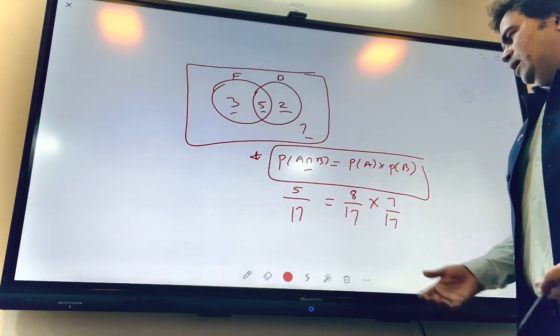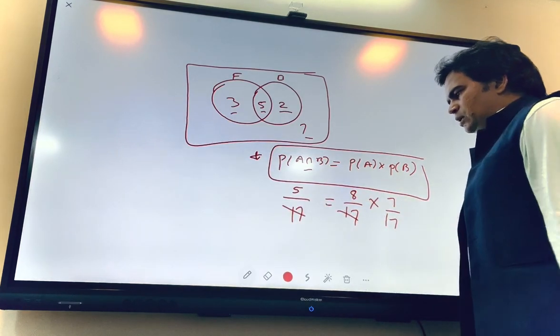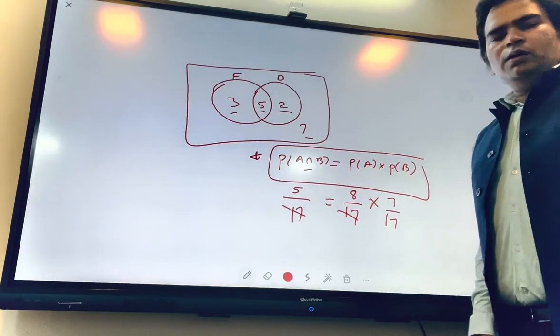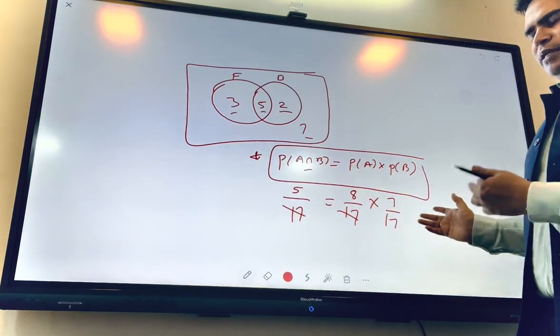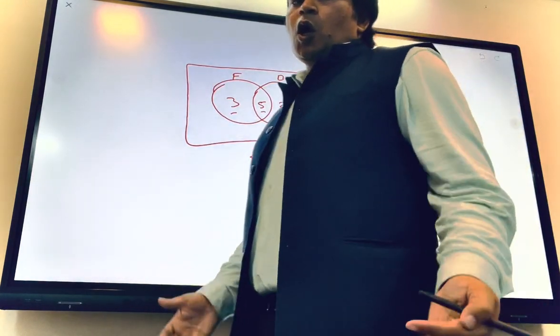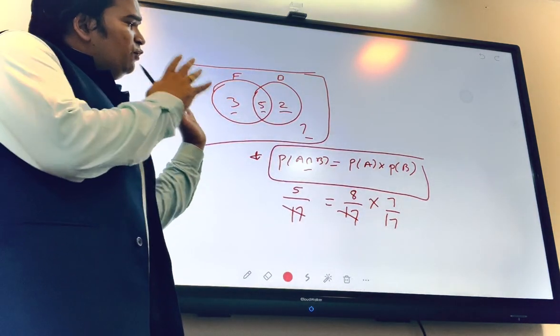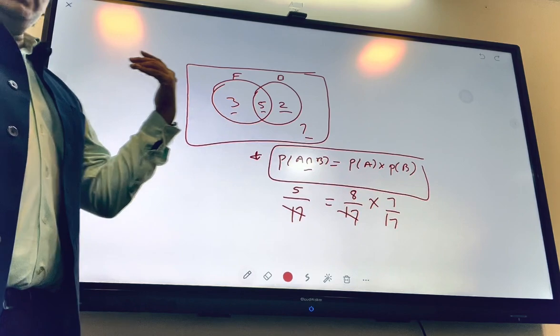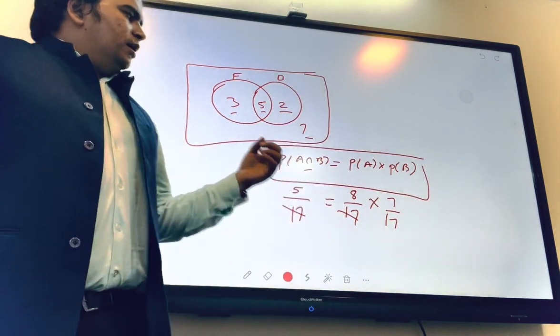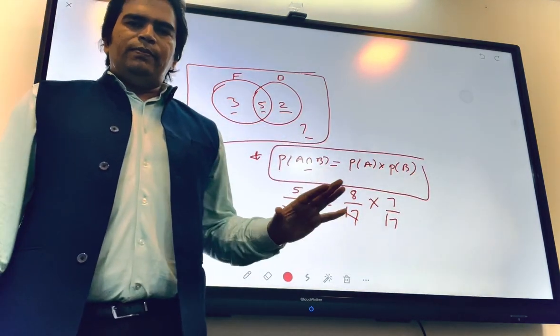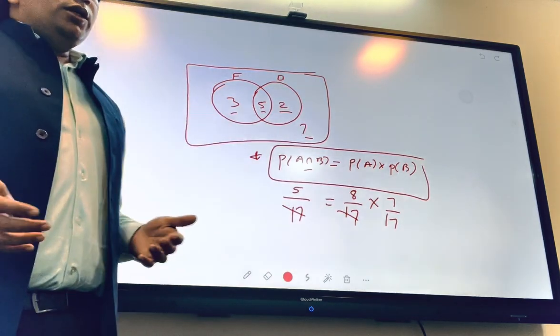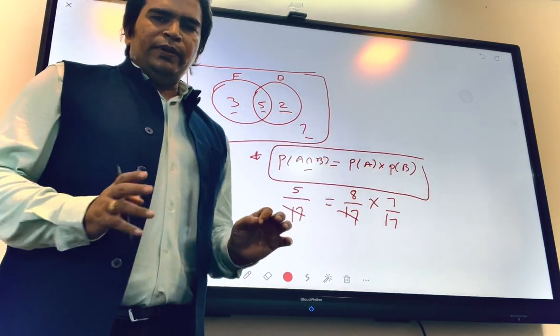So, as you can see, if I cancel out these things, the probabilities are not coming to the same value, simply indicating that these two are not independent. So here, if one event is affecting the probability of the other, it will be called not independent. So this is about your exclusive and independent events.